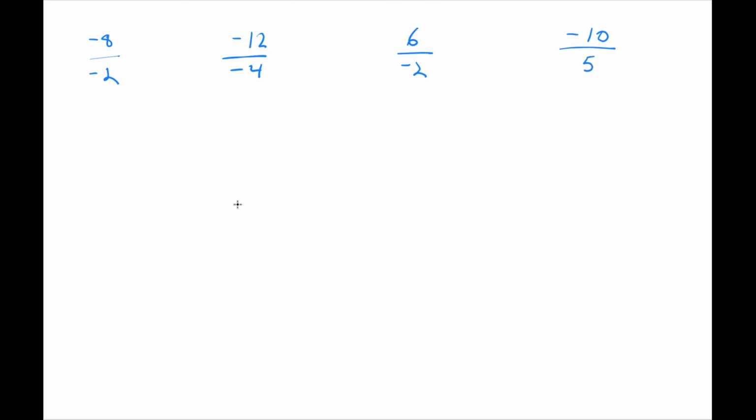We have 6 divided by 3. We have 14 divided by -7. And we have 18 divided by 2. And then we have -9 divided by 3.